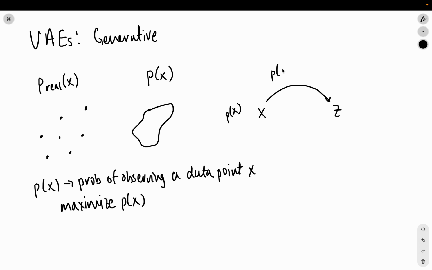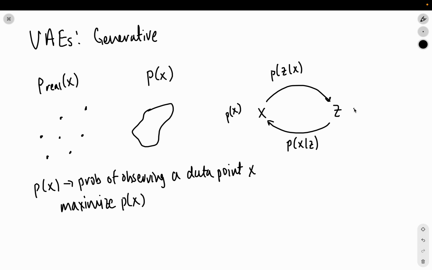It learns a distribution, the probability of Z given X. Given a specific input, what is the best compressed version of it, latent representation of it? And then in the same way, we have to be able to work backwards. Given a Z, you have to give me the X representation. Given this compressed form, how can I recreate what was originally there before?